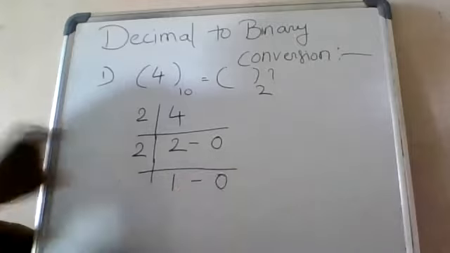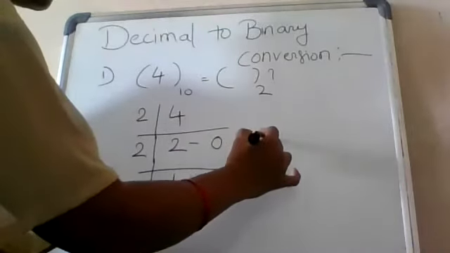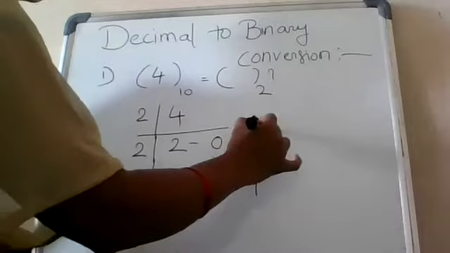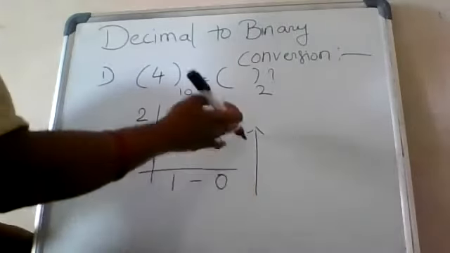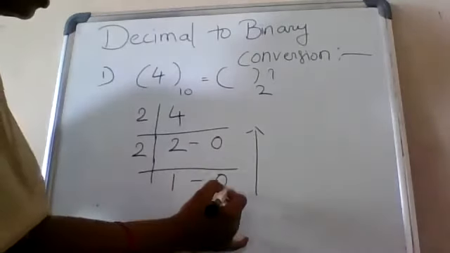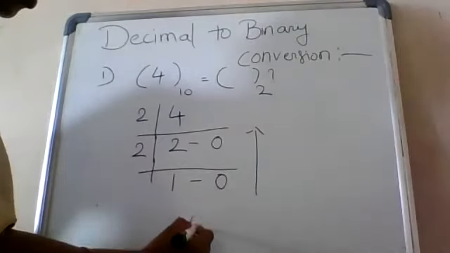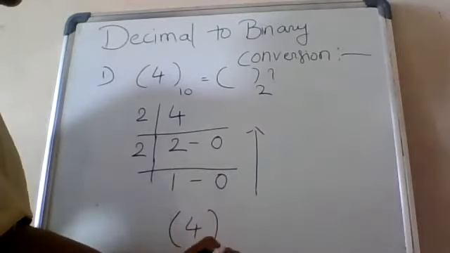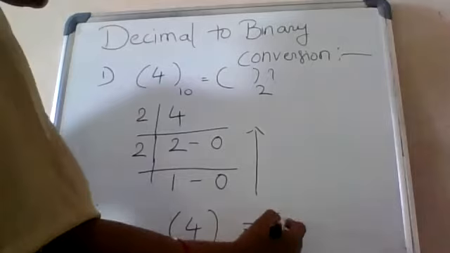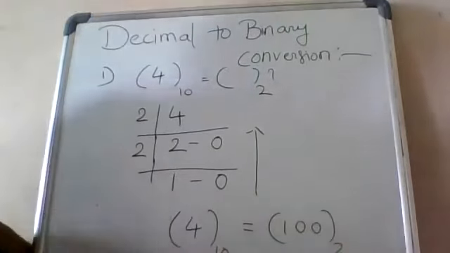Remainder 0. Always write from lower to up: 1 0 0. So 4 base 10 equals 100 base 2.